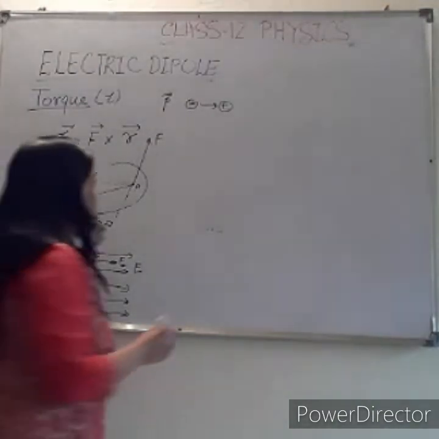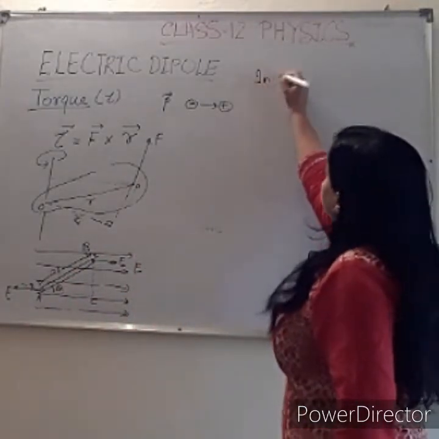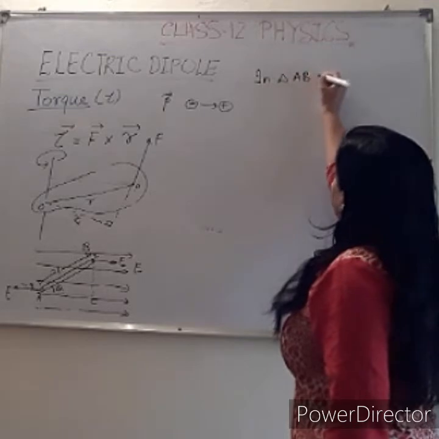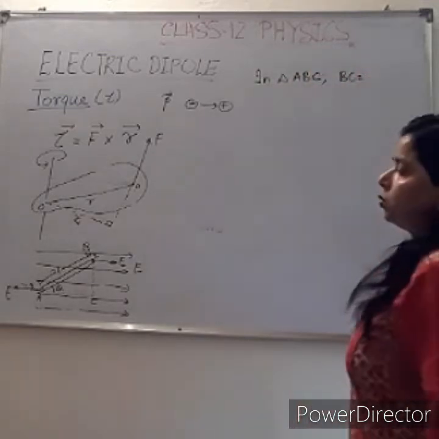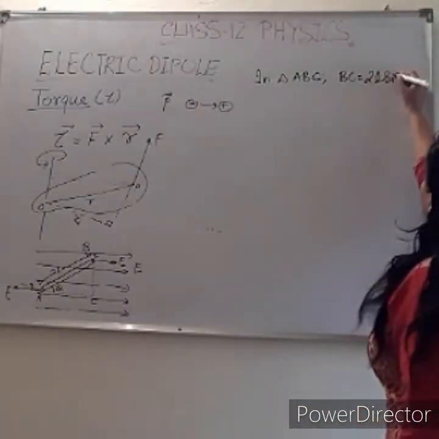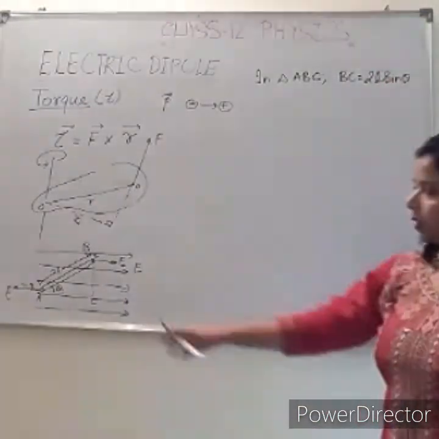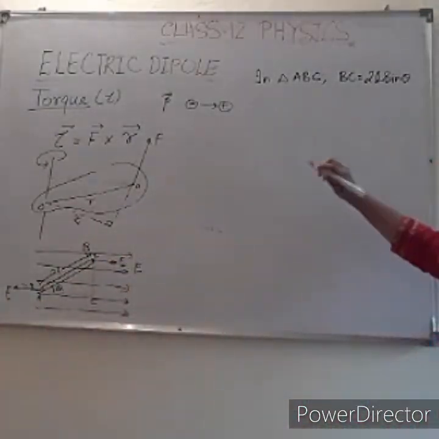So we need to calculate the BC line. In triangle ABC, BC is equal to 2L sine theta. Sine theta is equal to perpendicular over hypotenuse, so it will be 2L sine theta.